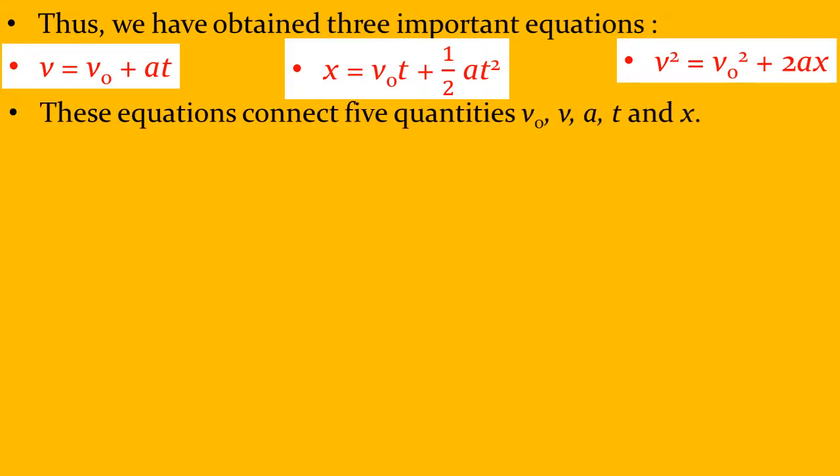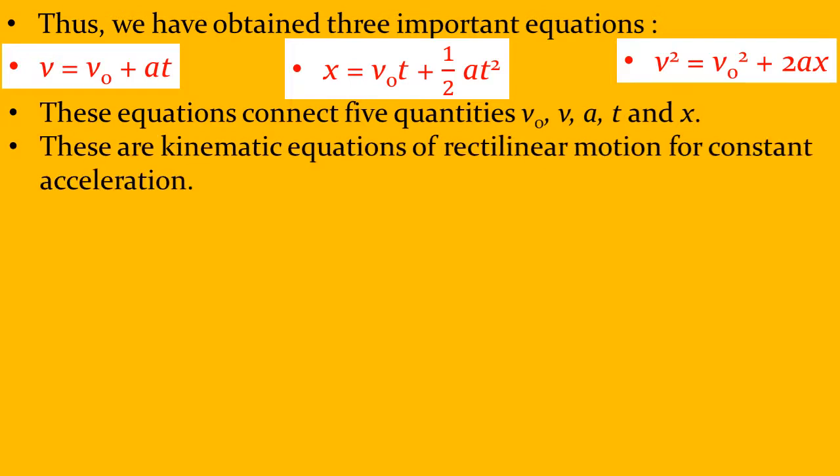Now these equations connect five quantities: initial velocity v naught, the velocity at any instant v, the acceleration a, the time t, and the displacement or the position at any time x. These are the kinematic equations of rectilinear motion for a constant acceleration.